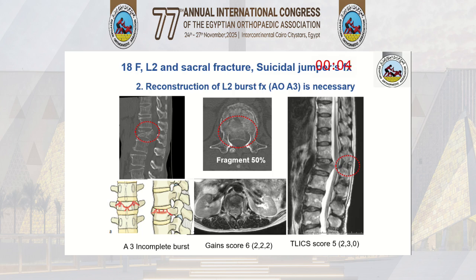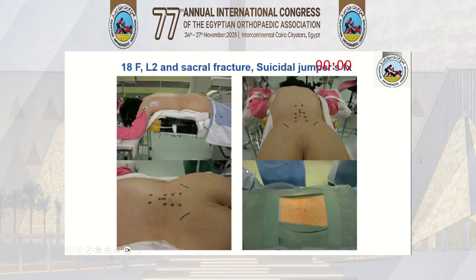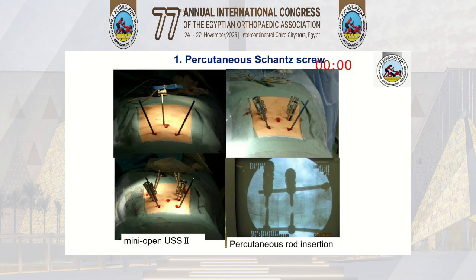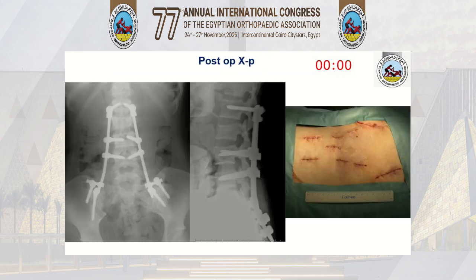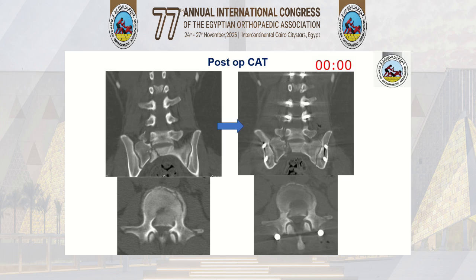And reconstruction of the T2 burst fracture is necessary because the fragment occupying ratio is 50%. We perform MIS. Put screws like this, and then pelvic screws. This is pre-op, this is post-op.